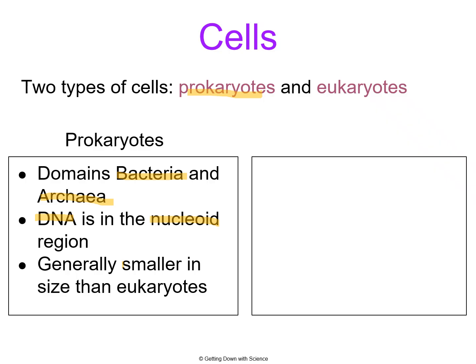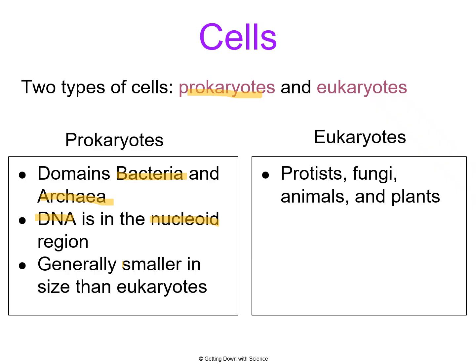All right, let's hop over to eukaryotes. Eukaryotes are pretty much all other living things that are not bacteria or archaea. So we have protists, fungi, animals, plants. Any other living thing that is not in the domain bacteria or archaea, those are eukaryotes. Eukaryotic organisms do have a true nucleus, so please remember this.